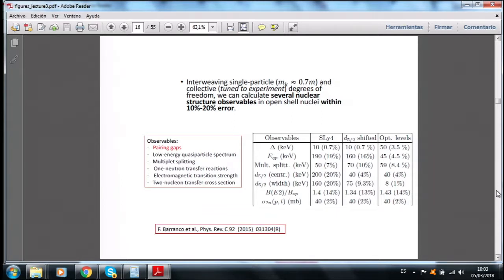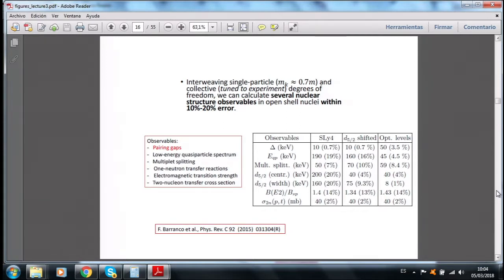So why should we take for granted that Lyon-4 is the best? So we wanted to study whether we could find an optimal set of levels. Since nobody can tell us what the real bare single particle levels are, we took the freedom of changing the single particle energies and tried to optimize the comparison with the experiment.